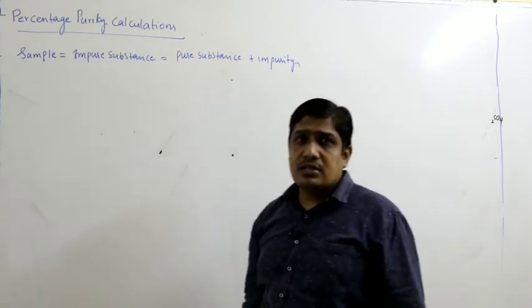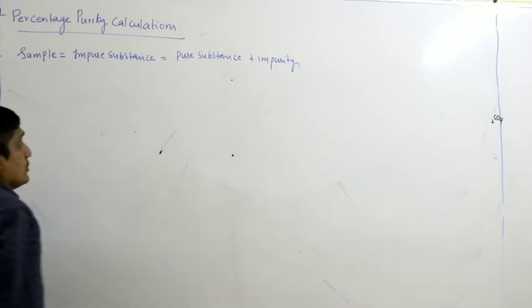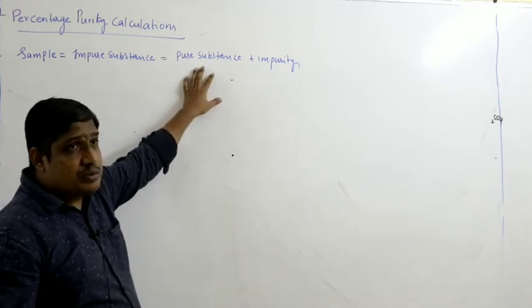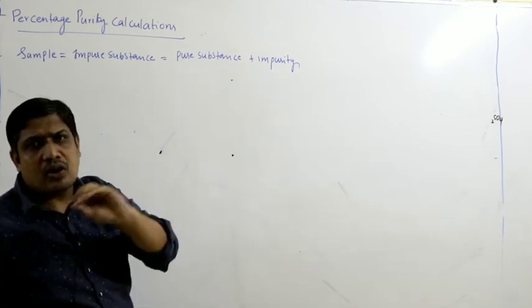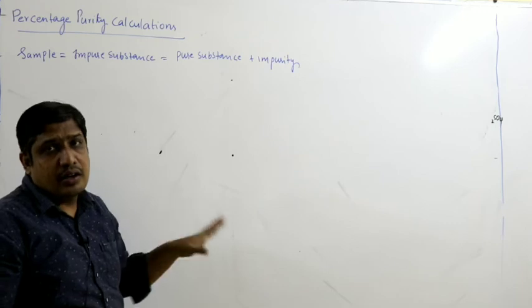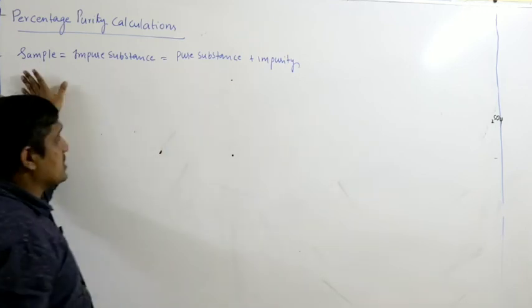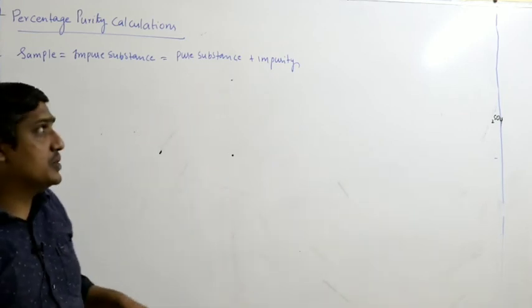So if some reactions are given, only the pure substance will give those reactions, but not the impurity. Impurity will not contribute anything to the reactions. It just contributes to the total mass, but does not contribute to any chemical change.